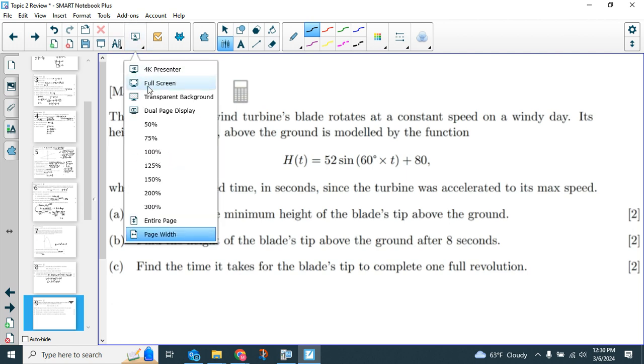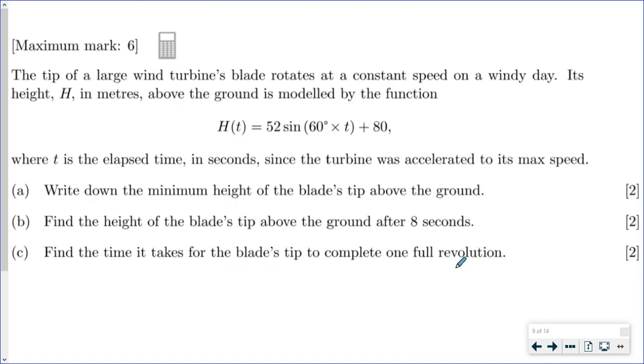Okay. All right. So the tip of a large wind turbine's blade rotates at a constant speed on a windy day. Its height, h, in meters above the ground is modeled by the function h of t is equal to 52 times the sine of 60t plus 80, where t is the elapsed time in seconds since the turbine was accelerated to its max speed.